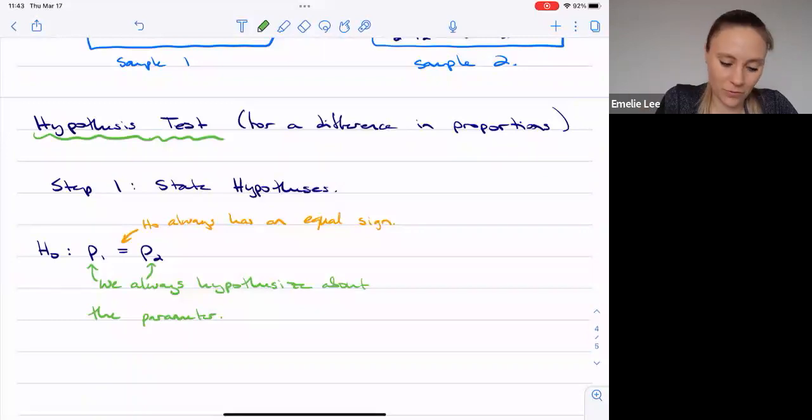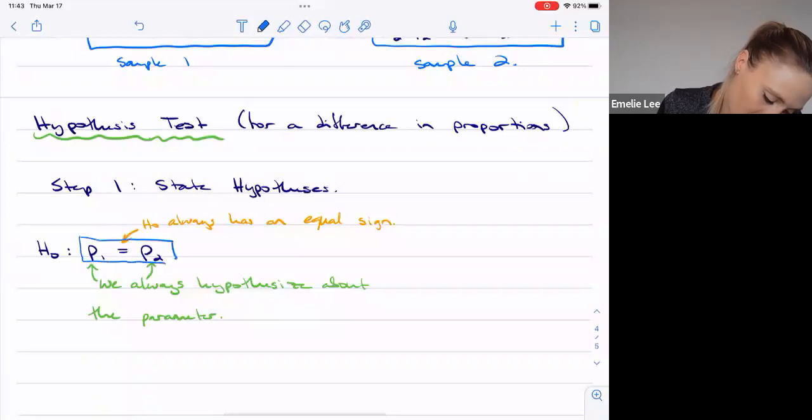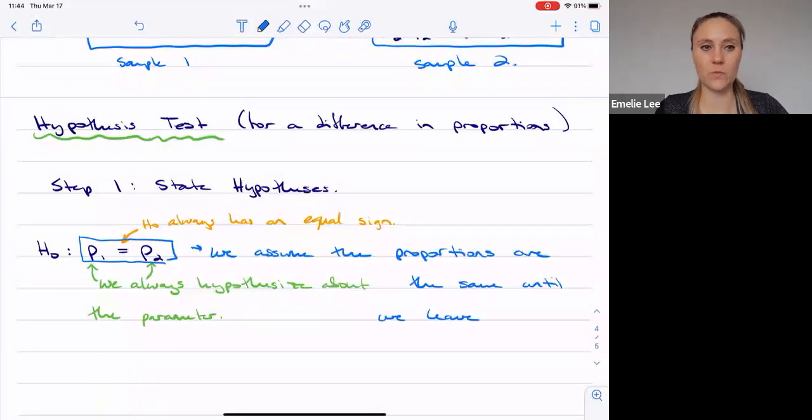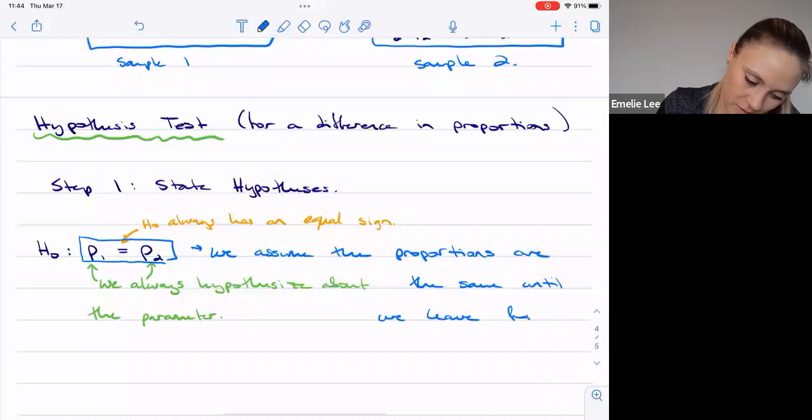And finally, overall, P1 is equal to P2: we assume the proportions are the same until we have found proof against it.